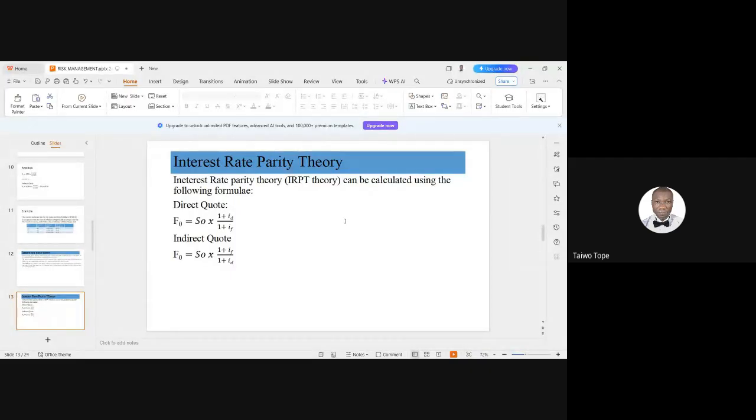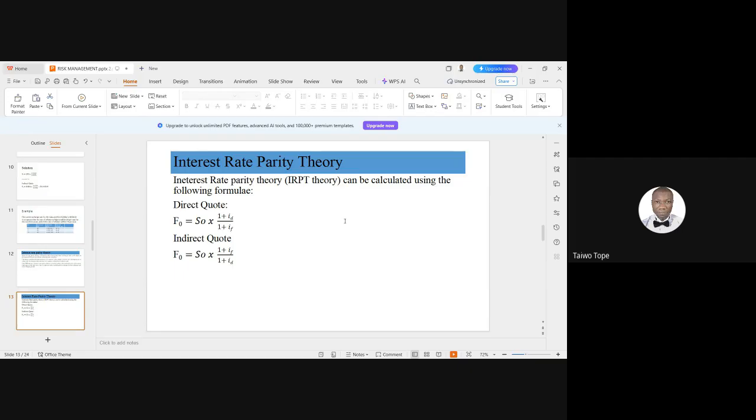Foreign interest rate. So in a question, you'll be given interest rates in terms of the domestic currency and interest rate in terms of the foreign currency. Once you are given that, you should be able to determine the forward rate in relation to interest rate parity based on direct quotes, and also for indirect quotes, just as we've done in purchasing power parity, same applies.